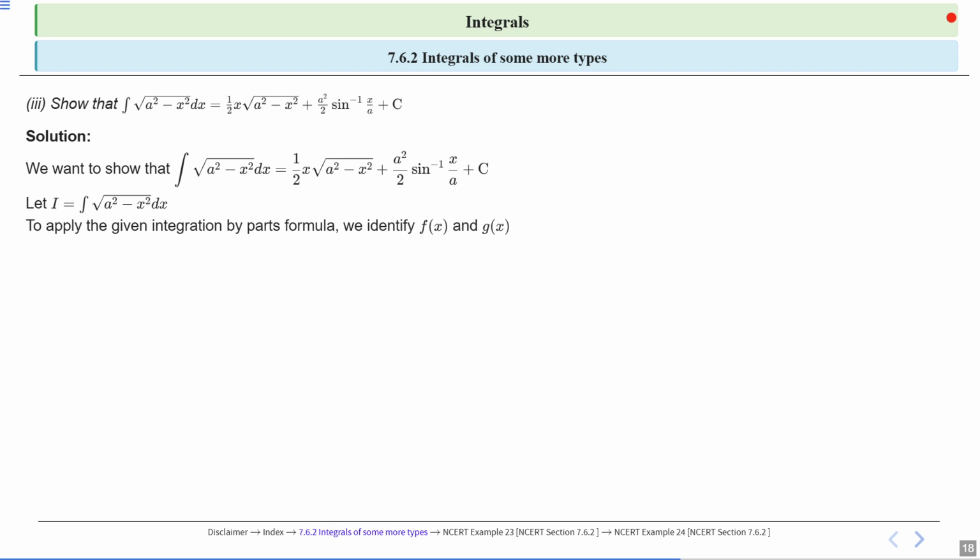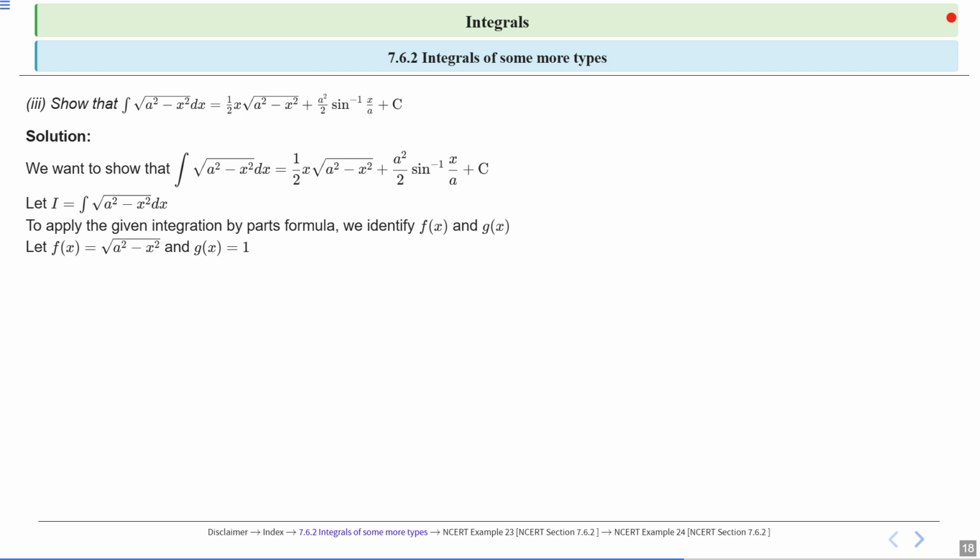So to apply the given integration by parts formula, we identify f(x) and g(x). So let f(x) is equal to root under a square minus x square and g(x) is equal to 1. Clearly we have to choose it in this way because we don't know the integration of f(x).